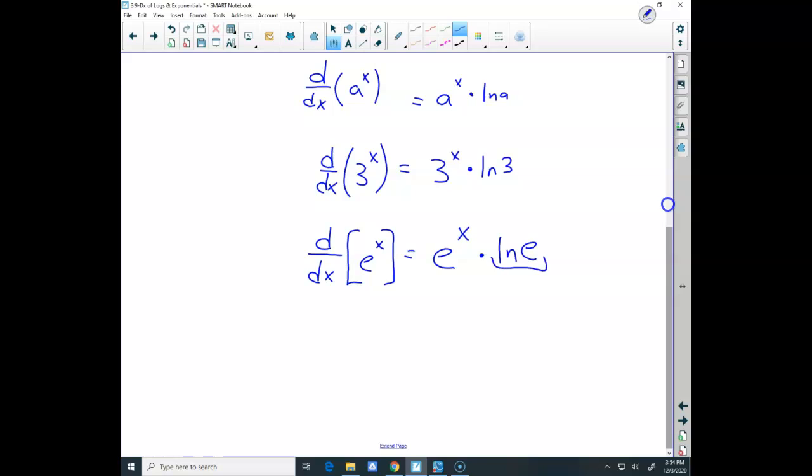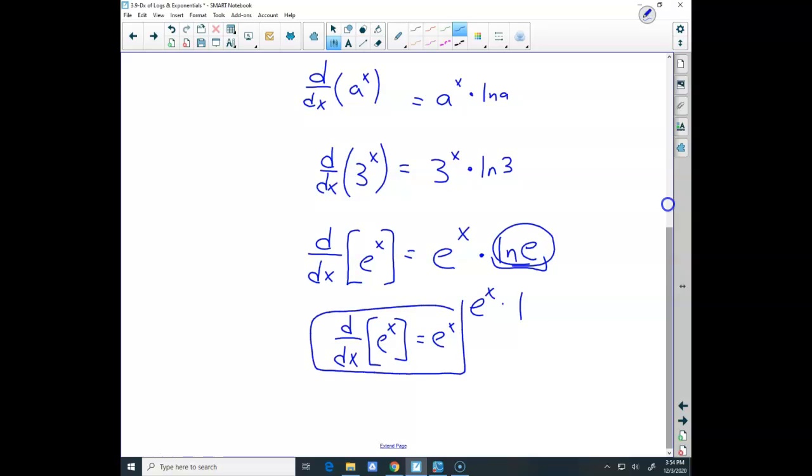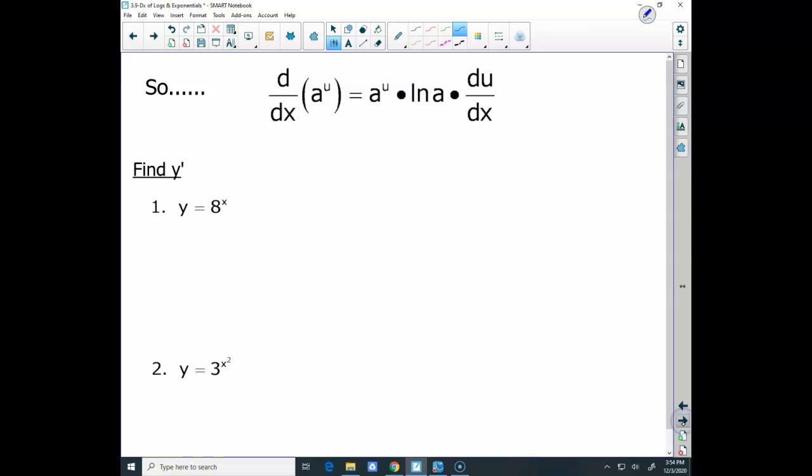What is the ln of e? Well, the ln of e is 1 times e to the x. So the derivative of e to the x, that's why it's just e to the x, because when I take the derivative of the base, ooh, that's a natural log, it just goes away. The ln of e, hey, it's gone. So it's the same. So let's move it on.